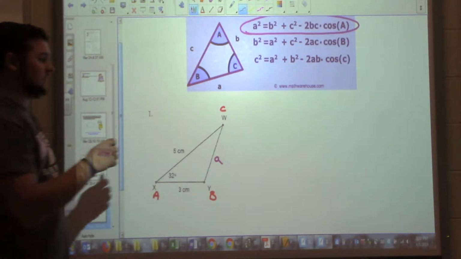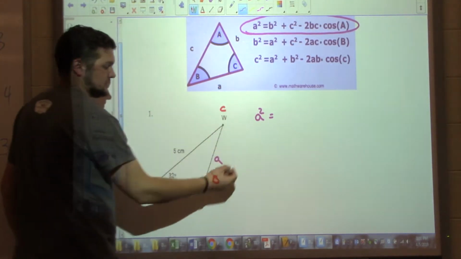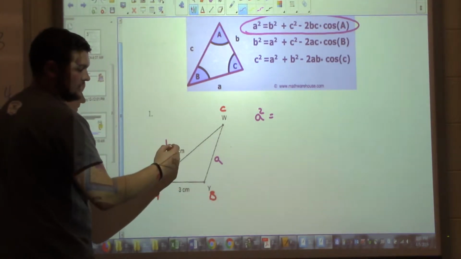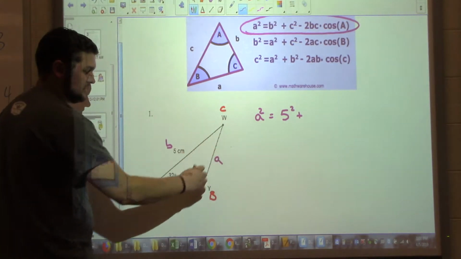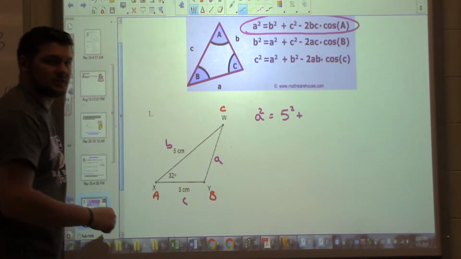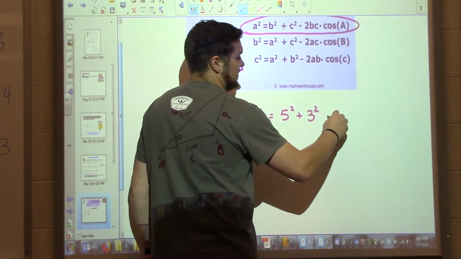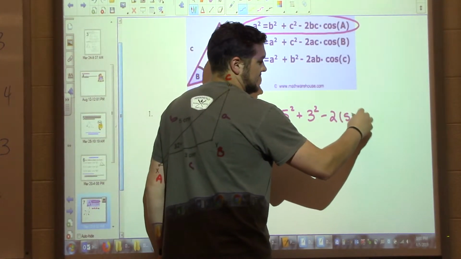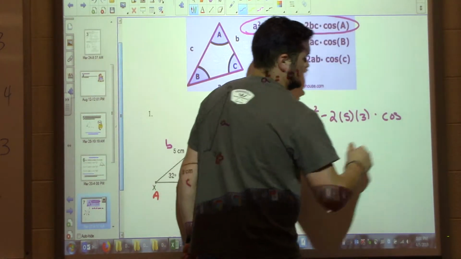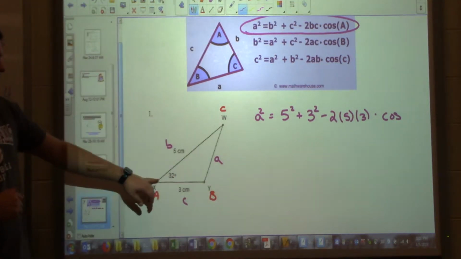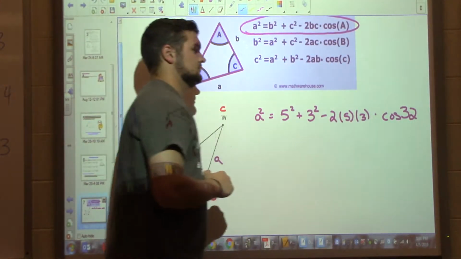So A squared equals, well, B squared is across from my B, so it becomes 5 squared plus C squared. C is across from C. So 5 squared plus 3 squared minus 2 times 5 times 3 times cosine of A, which is 32 degrees. Alright?